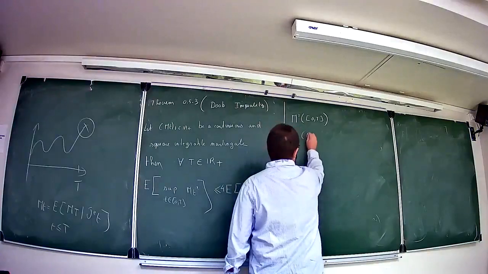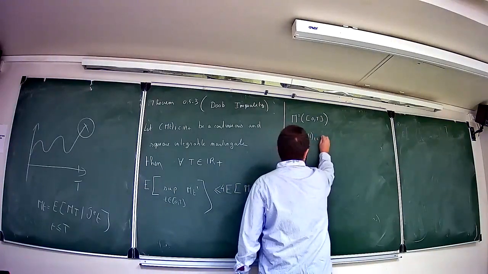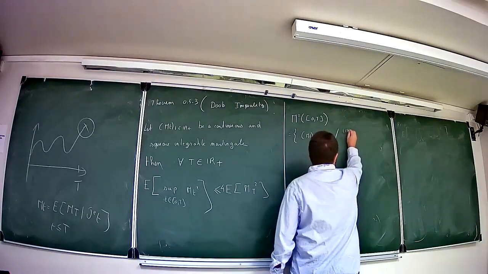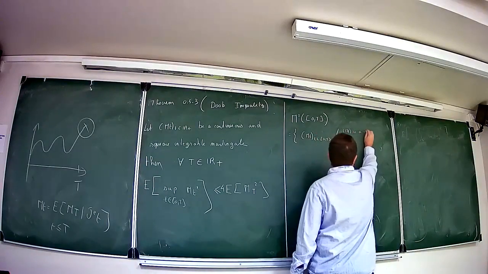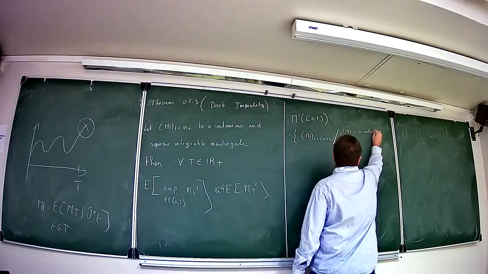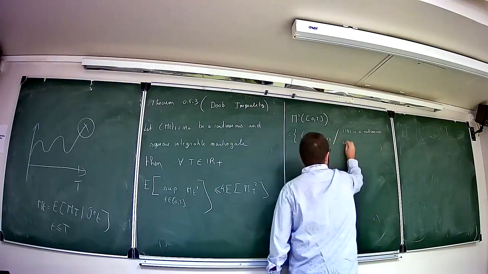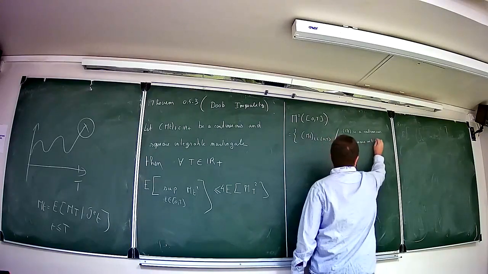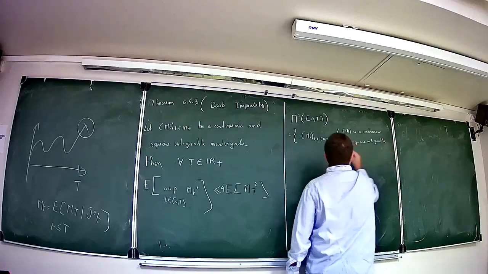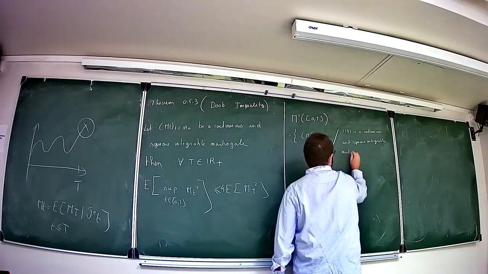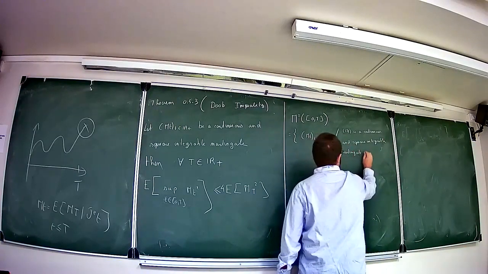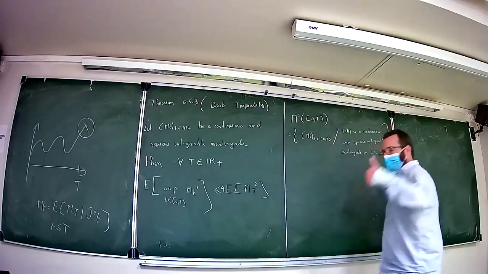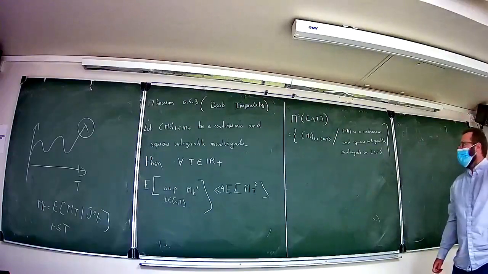So it's the set of the M_t, t belonging to 0 capital T, such that M_t is a continuous and square integrable martingale on 0 capital T. So continuous, square integrable, and martingale. Okay.